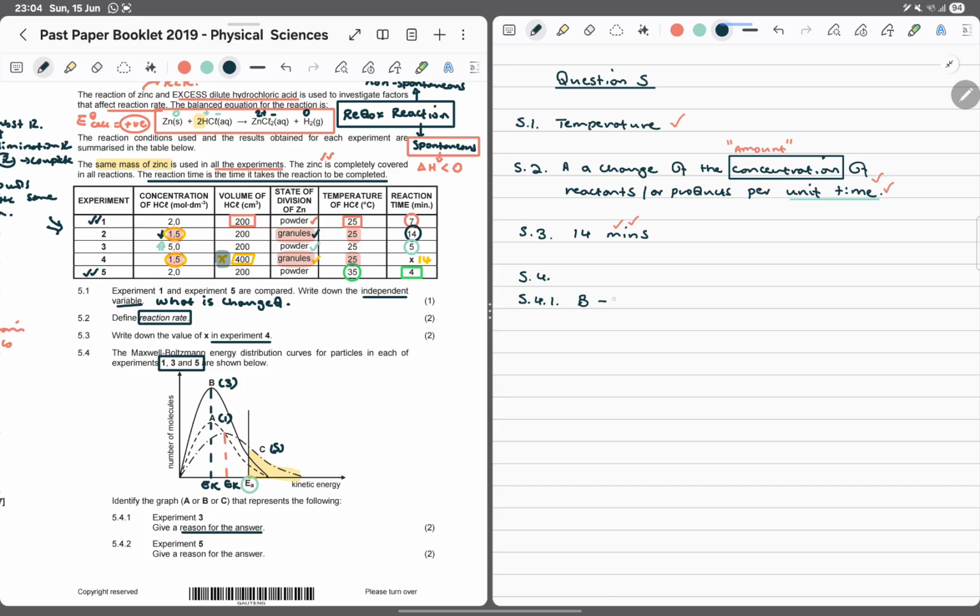You can say that it has a higher peak due to more particles per unit volume, right?